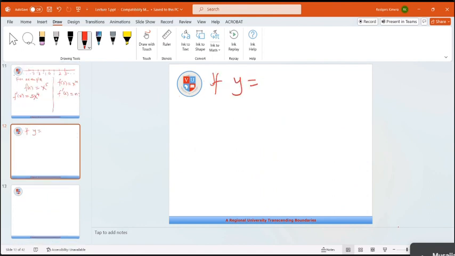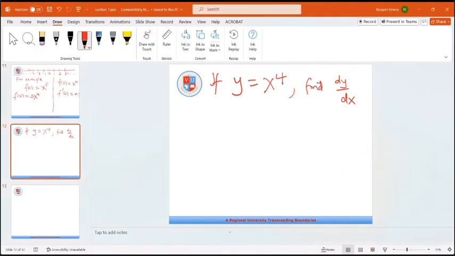Another example we can think about: if y equals x power 4, find dy dx.